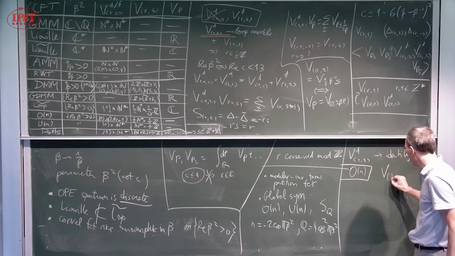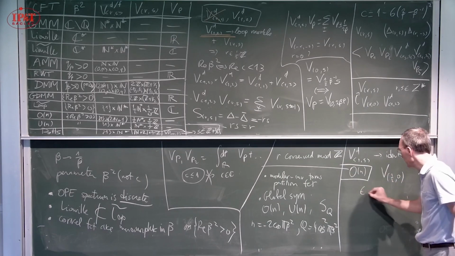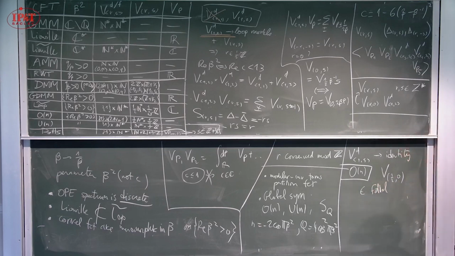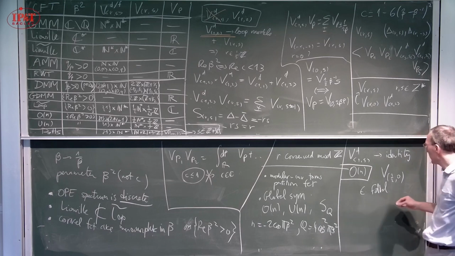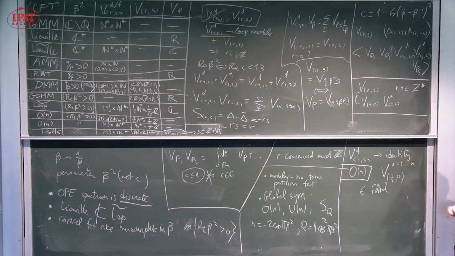So the simplest non-diagonal field is V_{1/2,0}, and this belongs to the fundamental representation of O(n), so a representation of dimension n. So if you want, you could have n indices here, distinguishing these vectors in this representation. Except that, of course, n is now not an integer, so it's a bit more subtle. But that's the idea.